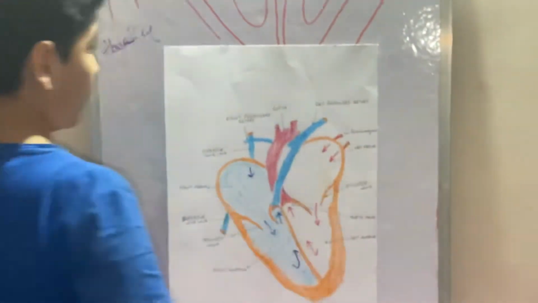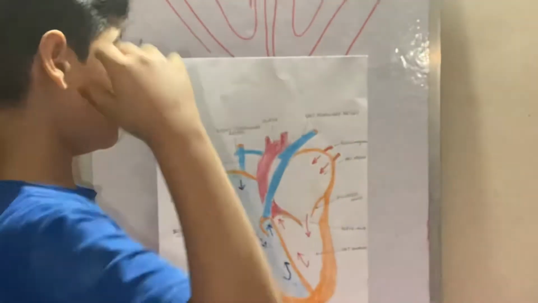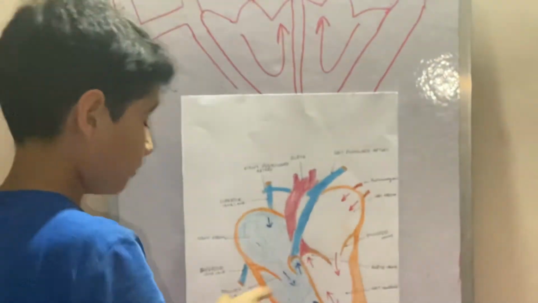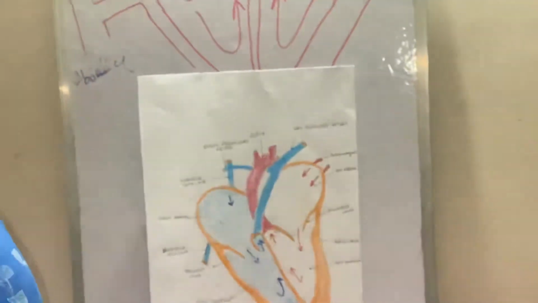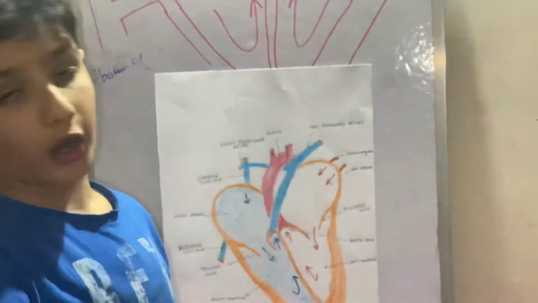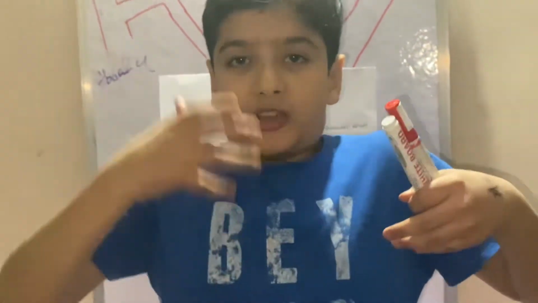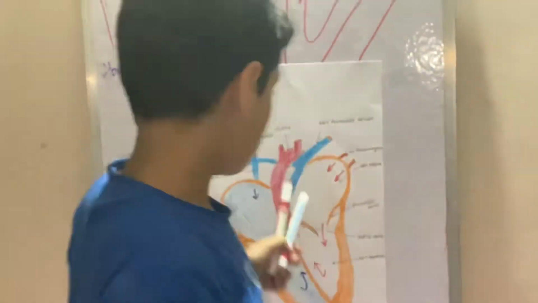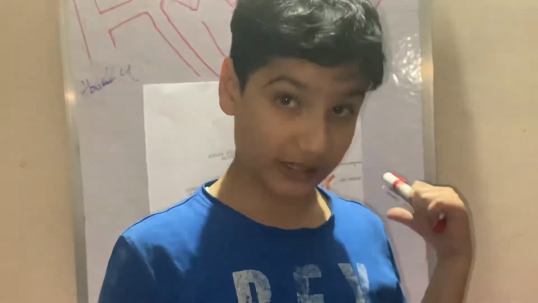The left pulmonary artery takes deoxygenated blood towards the left lung, and the right one takes it to the right lung, to get it exchanged with oxygen and exhale the carbon dioxide which we had in the blood earlier.